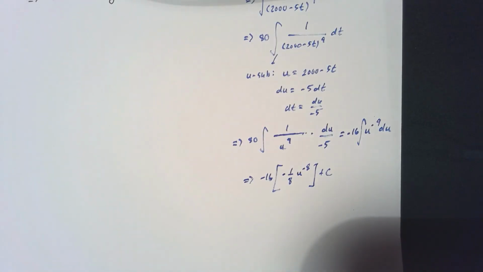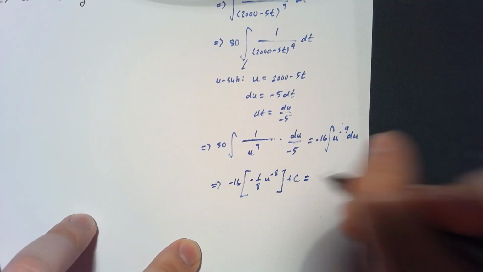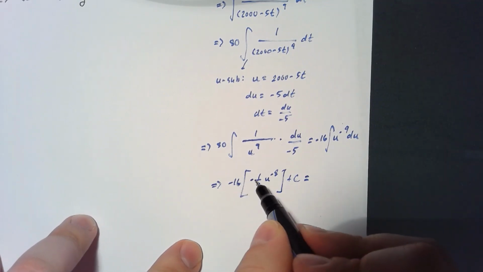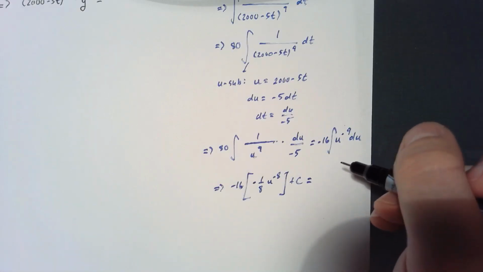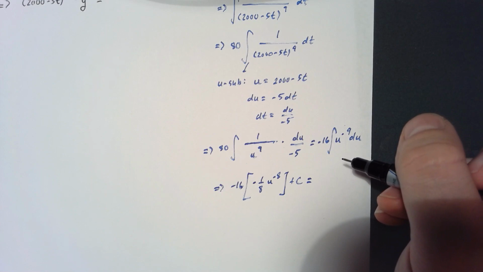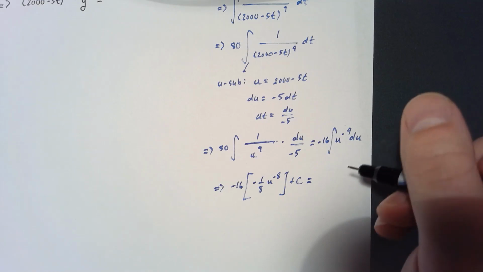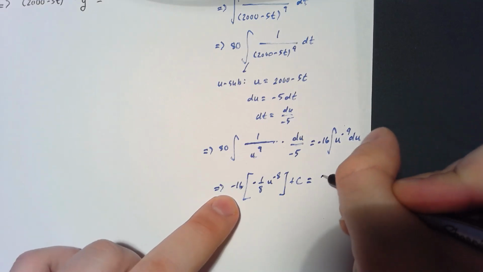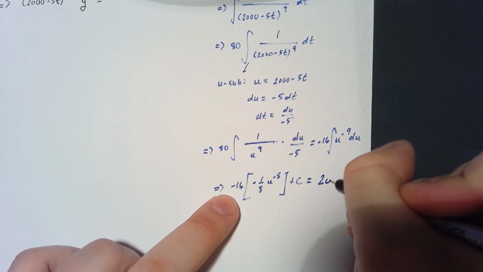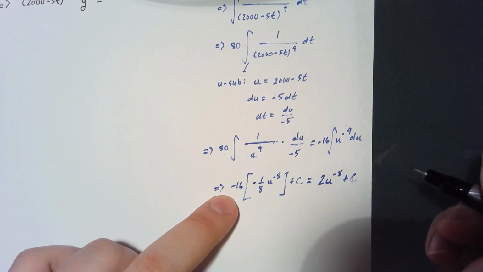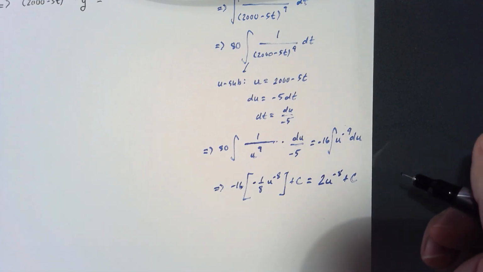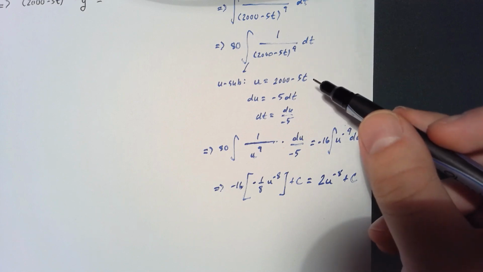So yeah, these problems are fun. Well, negative 16 times negative 1 over 8 is what? Positive 2. So that'll be 2 u to the negative 8 plus c. But what is u? It's this quantity.